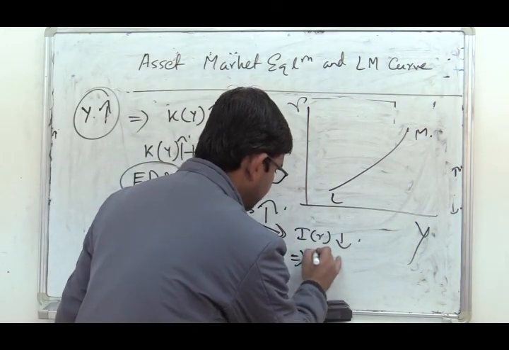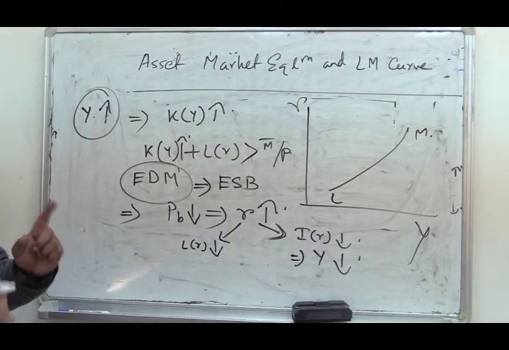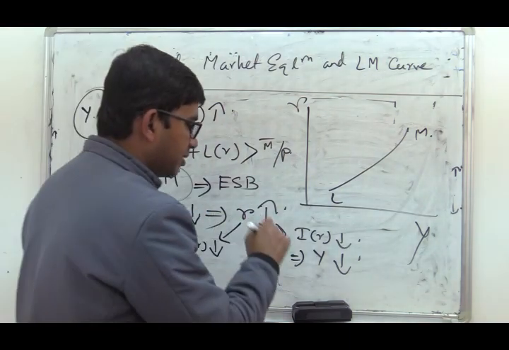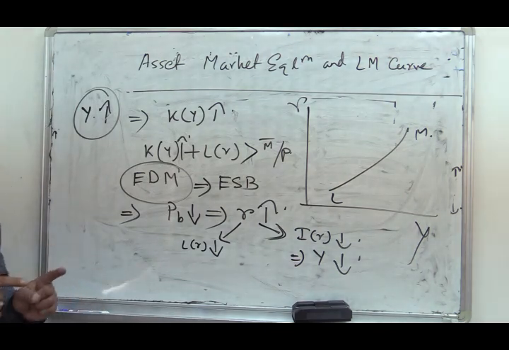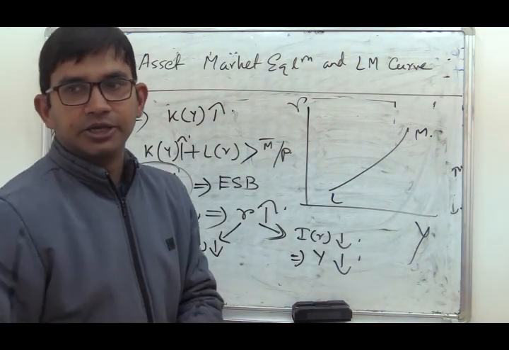So that implies aggregate demand will fall, which will have a negative impact on transaction demand for money. This entire process will continue until the money market equilibrium is restored.